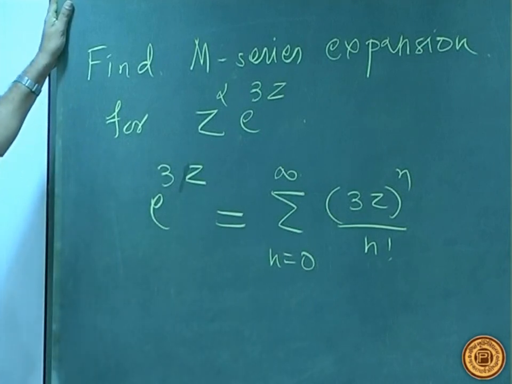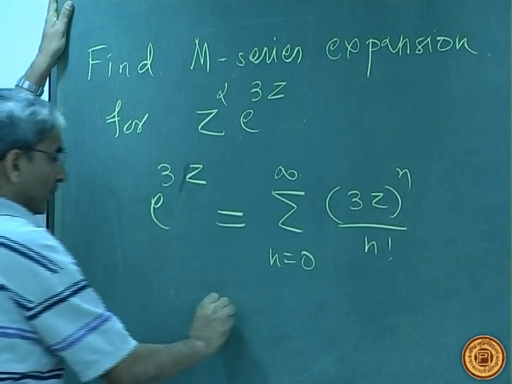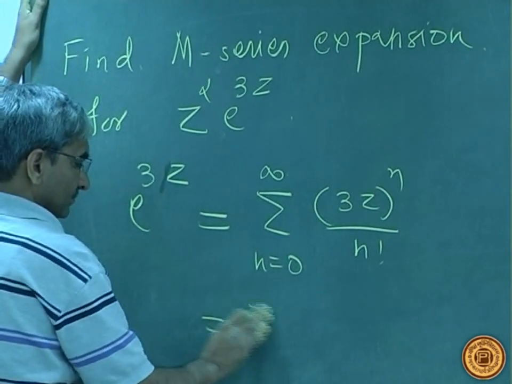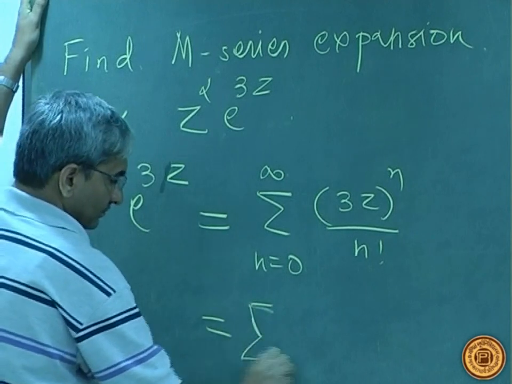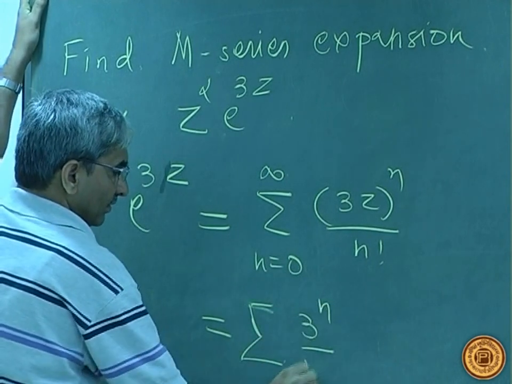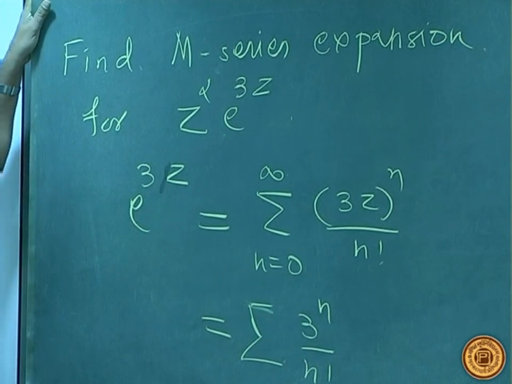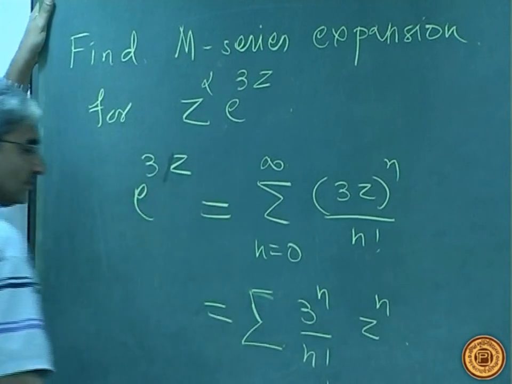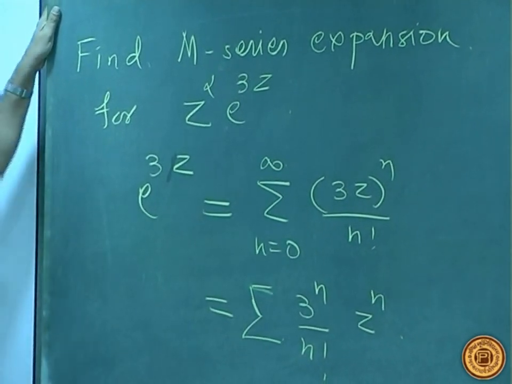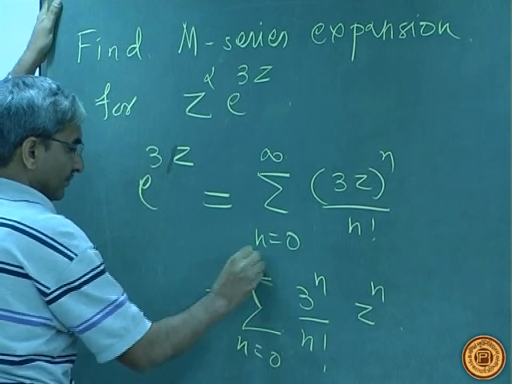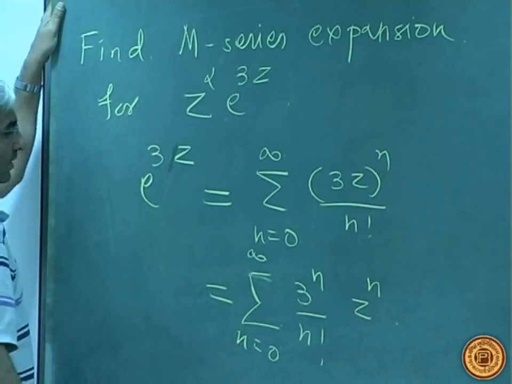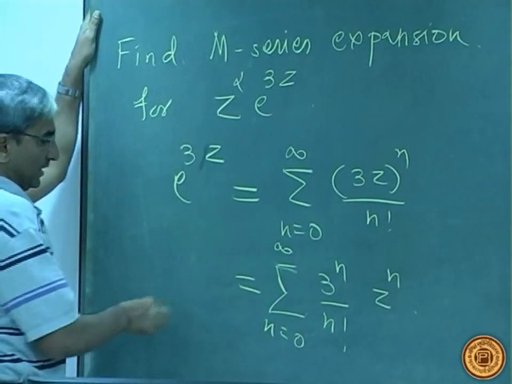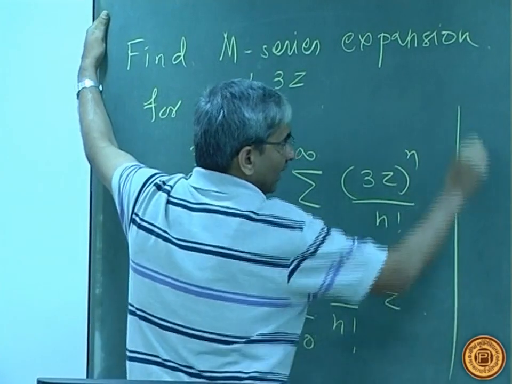That means it is equal to the summation of 3 to the power n upon n factorial, z power n, n from 0 to infinity. Now I multiply by z square.